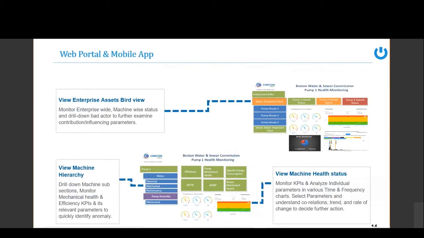Then you can see all your machines in various hierarchies, drill down to the subsection, either mechanical or electrical, see various KPIs, and further drill down to the contributing parameters for that particular KPI.